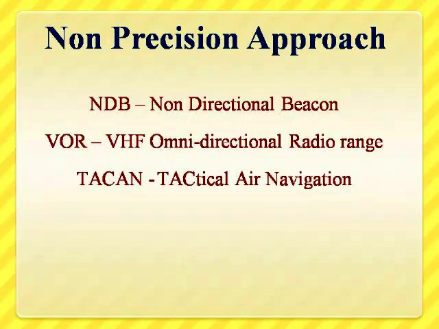Here we can have two types of approaches towards the runway. One is non-precision approach, wherein the pilot uses the data from NDB and VOR for safe landing. And there is a precision approach also, that is using ILS, particularly the glide slope, and reach the runway in a very safe manner.